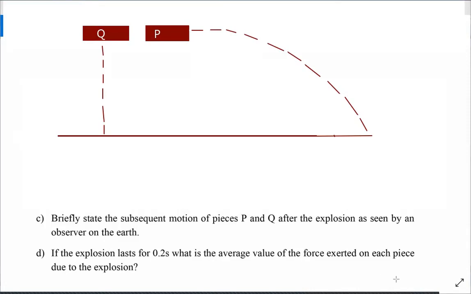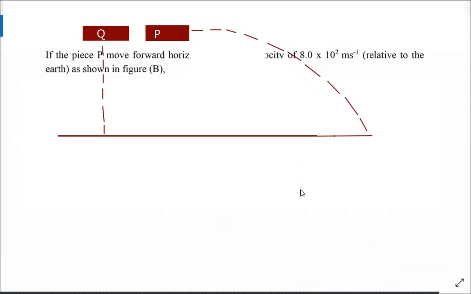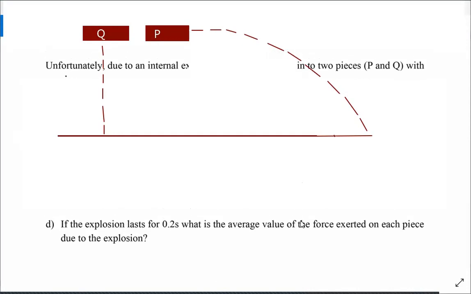Right. Now let's go to simple D. That's the end of the question. So simple D: I'm going to erase everything, so if you want, take a screenshot.